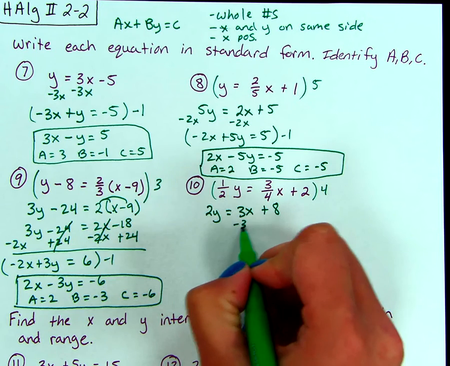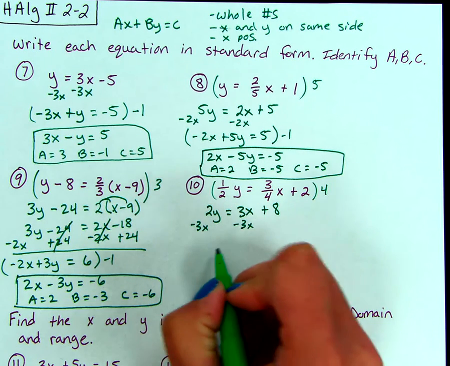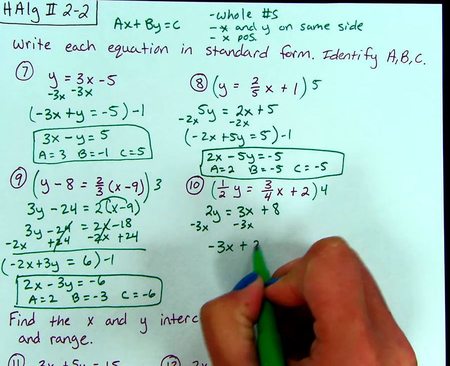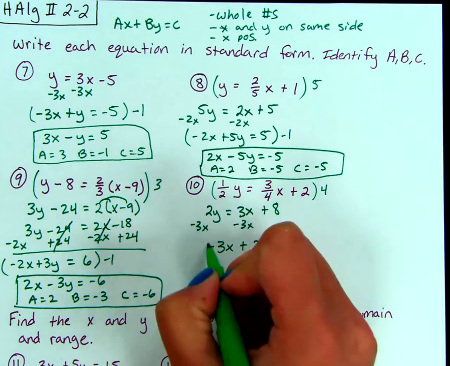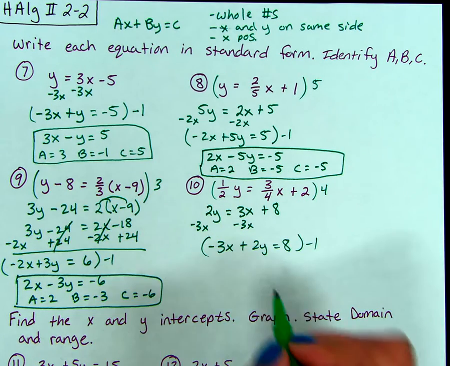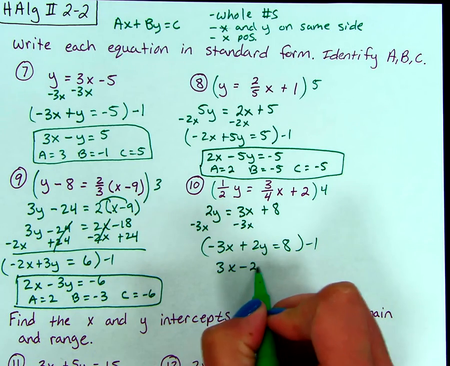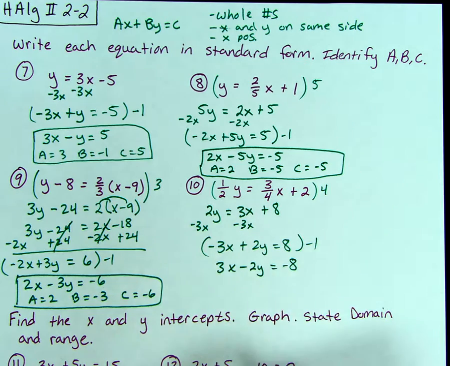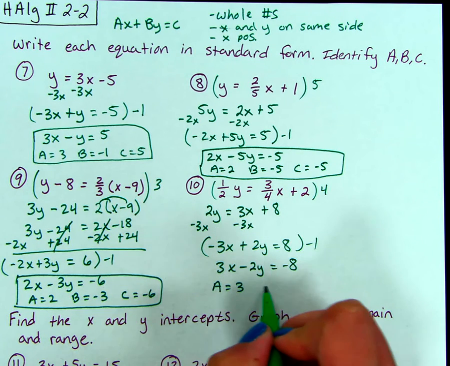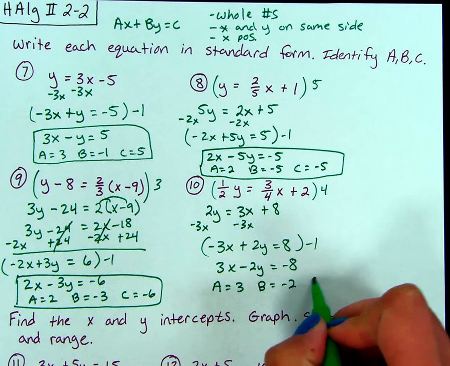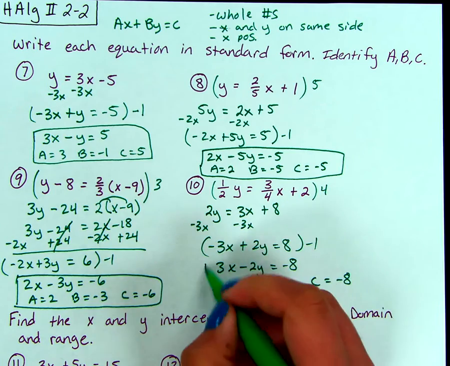So I'm going to subtract my 3x over. So negative 3x plus 2y equals 8. Times everything by negative 1. Positive 3x minus 2y equals negative 8. So again, A is 3, B is negative 2, C is negative 8. Final answer.